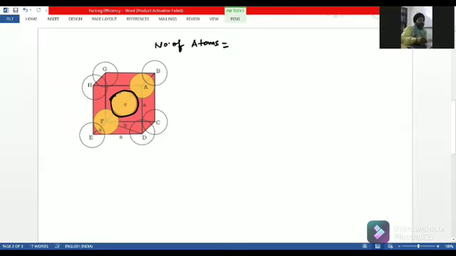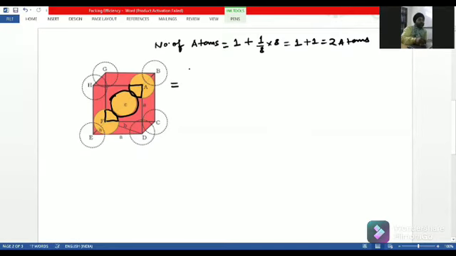Here, 1 atom is present at the center of the body, so 1 plus, and 8 atoms are present at every corner of this unit cell, but each is contributing only 1/8 part. So we can say 1/8 multiplied by 8. So 1 plus 1, which means a total of 2 atoms are present in the body-centered unit cell.